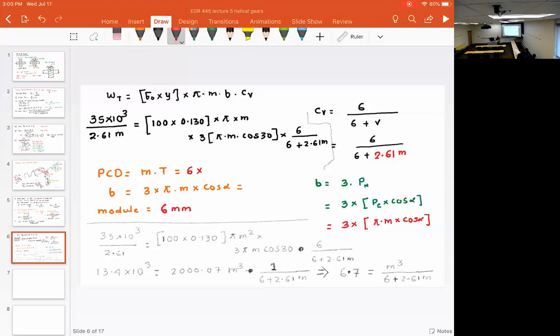If you plug this in, the calculator should be able to give you the answer. So quickly tell me, what is the pitch circle diameter? 25 times 6, 150 millimeter. And tell me the face width real quick.